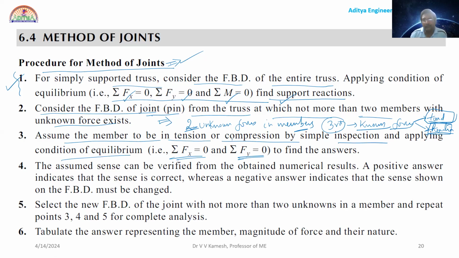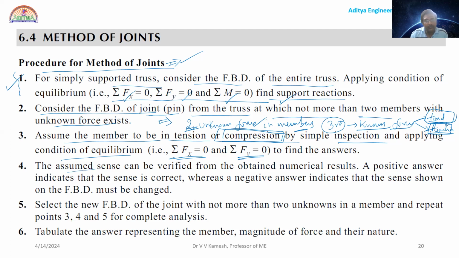For your benefit, my suggestion is to always assume compression, so that at each and every joint the force will be directed outside. It is very easy to transform into its components, F cos theta, F sin theta and so on. You may assume tension, no problem at all.